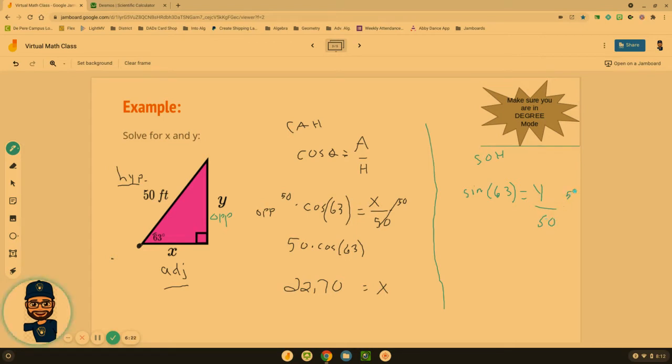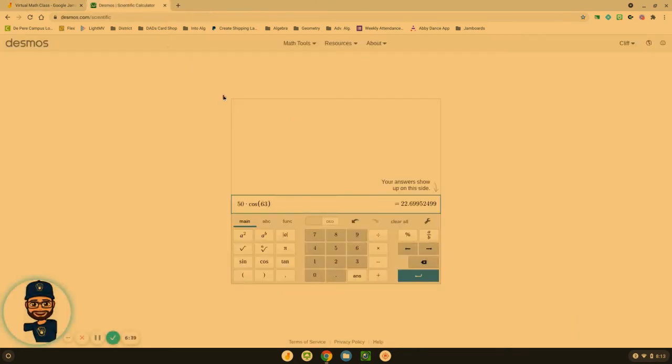I have to undo that 50, so I multiply both sides by 50, and 50 times the sine of 63 equals y. So if we type it in, 50 times the sine of 63.